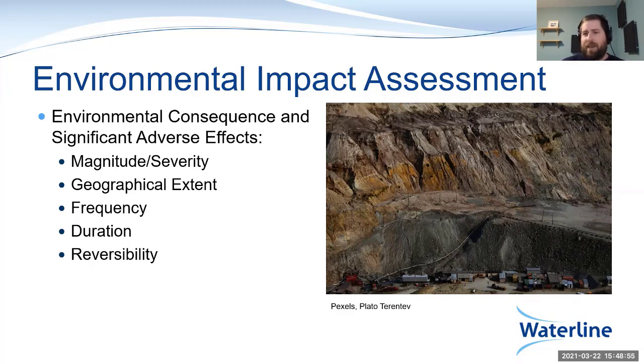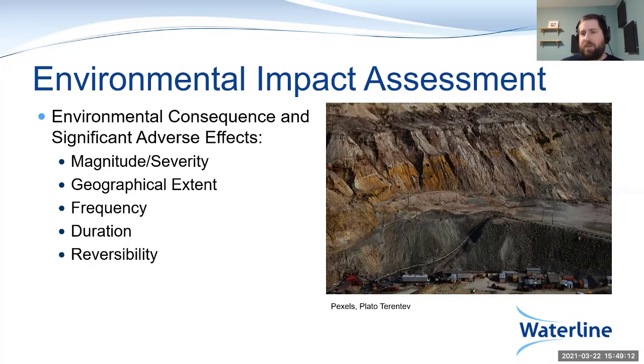The magnitude is then tied to some change relative to baseline condition, or some change relative to an established reclamation quality criteria. So, let's say you're looking at soil quality and you're looking at soil pH.